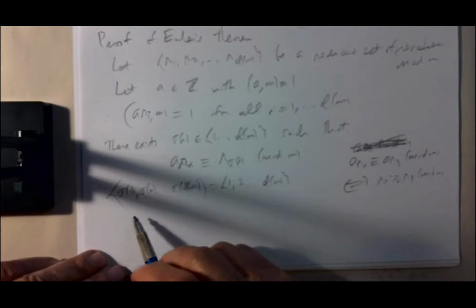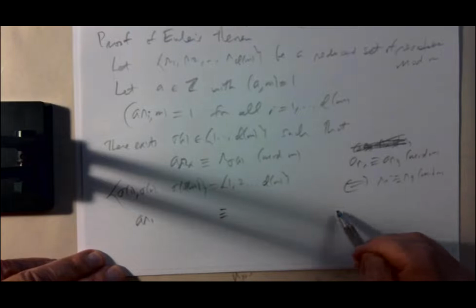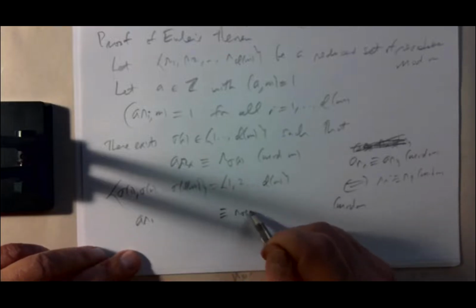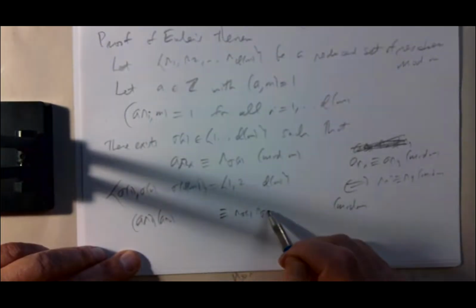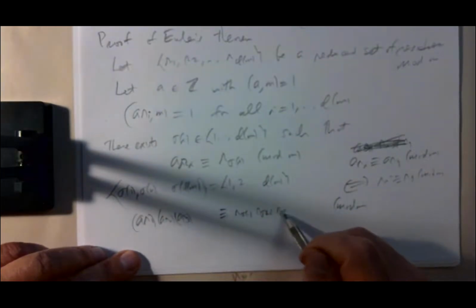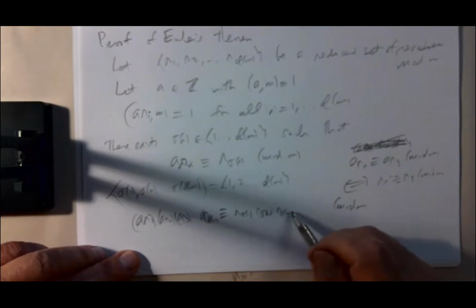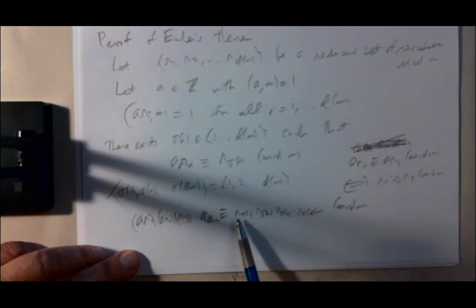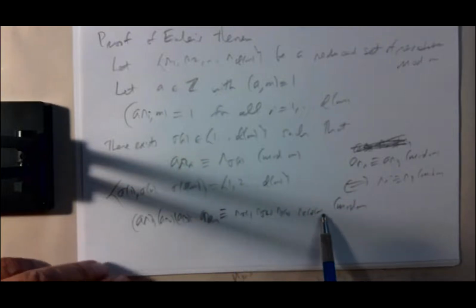So what I get is that if I take the product, all mod M, A R1 is congruent to R sigma of 1, times A R2, that's R sigma of 2, A R3, that's R sigma of 3, up to A R sub phi of M, this is R sigma of phi of M. So this is just a product of elements of this set, but the sigmas are distinct.